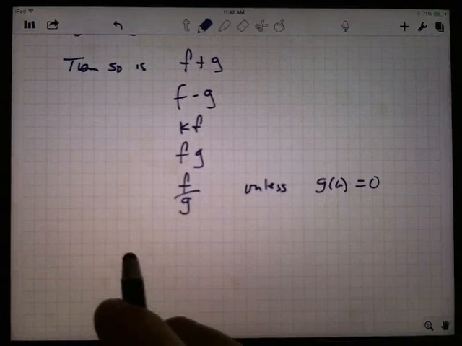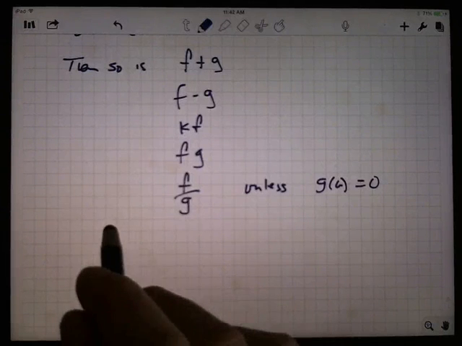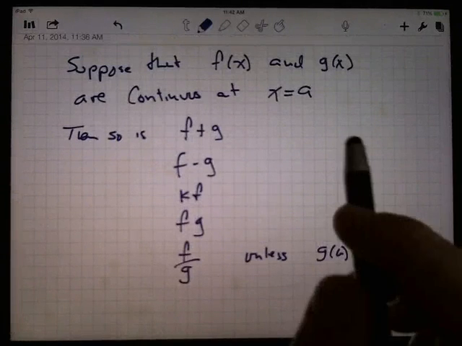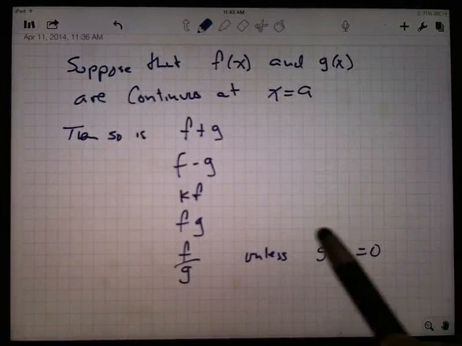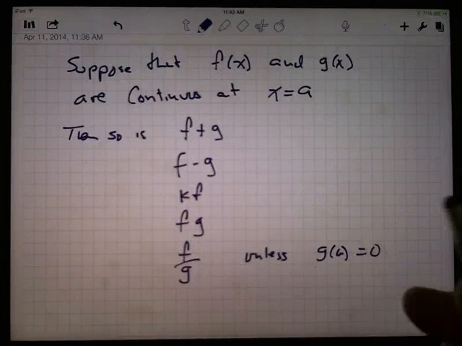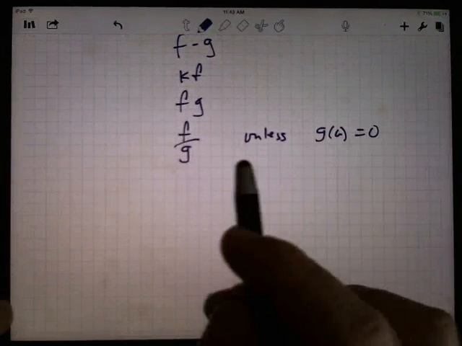There are other things you can do as well that don't have quite the same setup. This has to have f and g both continuous at the same point. If I want to compose functions together, then I've got to be a little more careful.